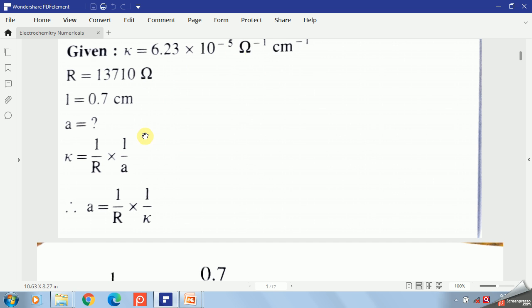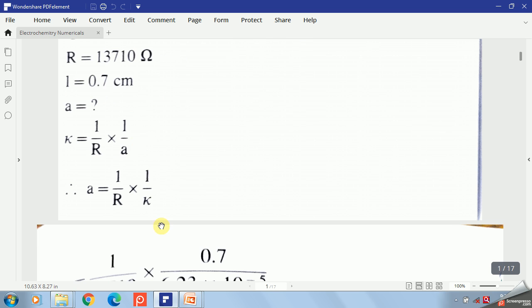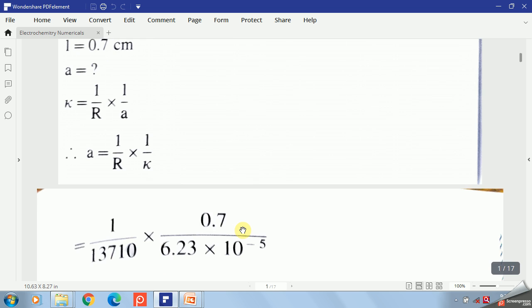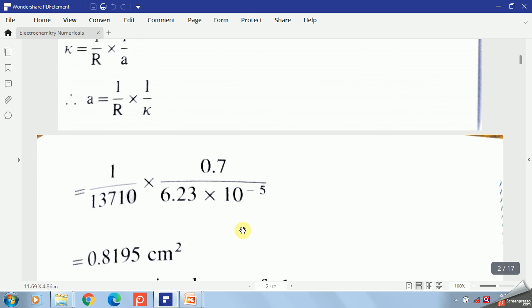So ohm and ohm inverse get cancelled. Your unit is centimeter inverse at denominator, and here L is 0.7 centimeter. So we will solve this.